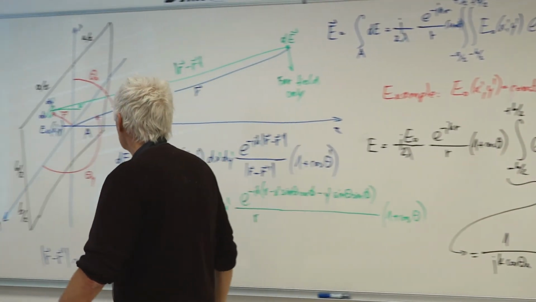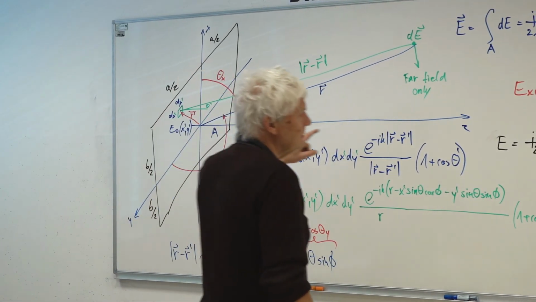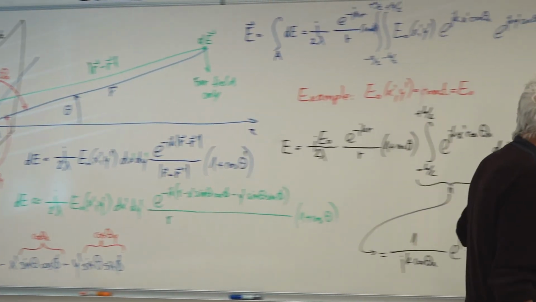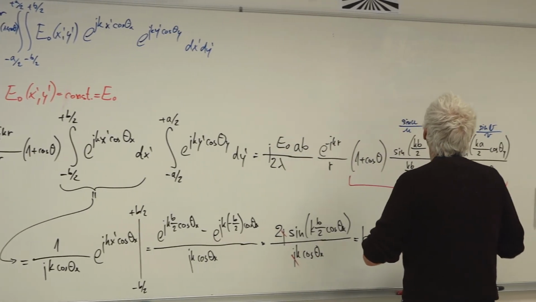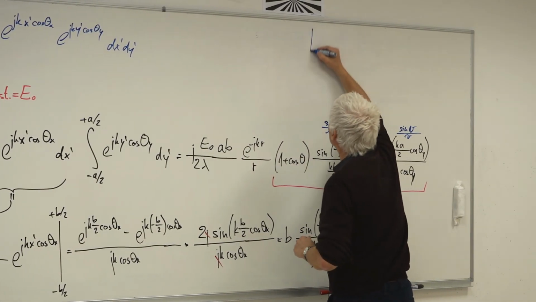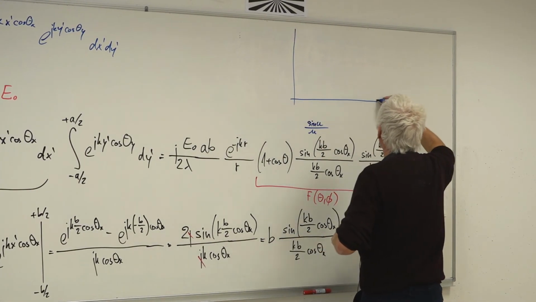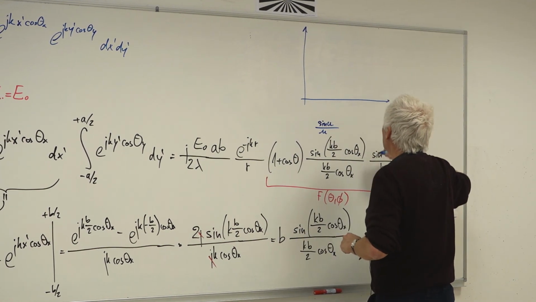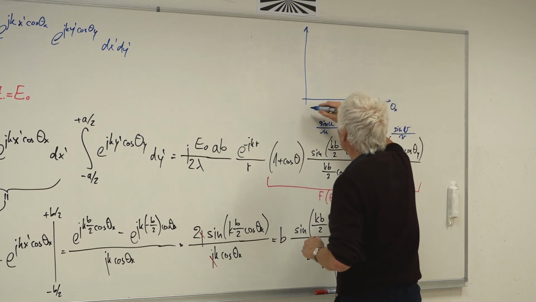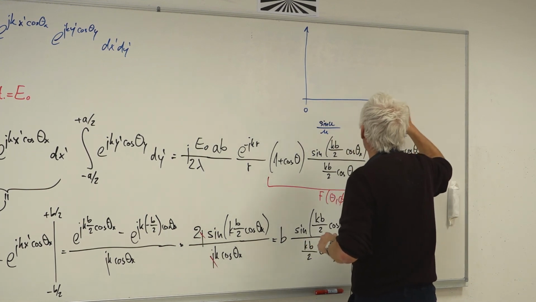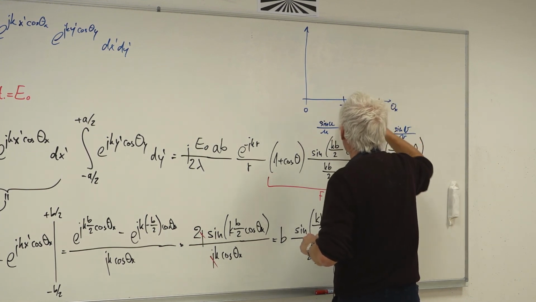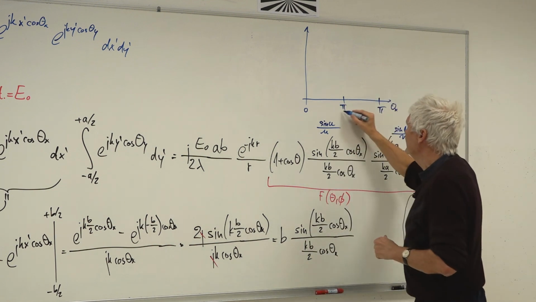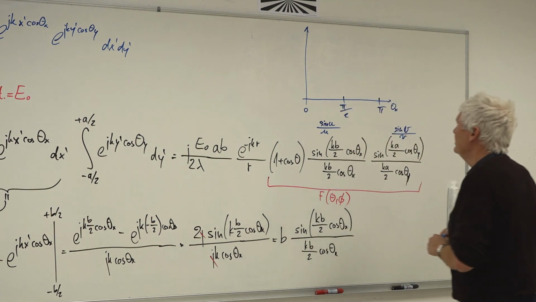So I know what this function looks like, and where do I go for my cosine theta x? For cosine theta x, I go from 1 to minus 1. So if I draw here, theta x goes from 0 to pi half, where the cosine is 0.